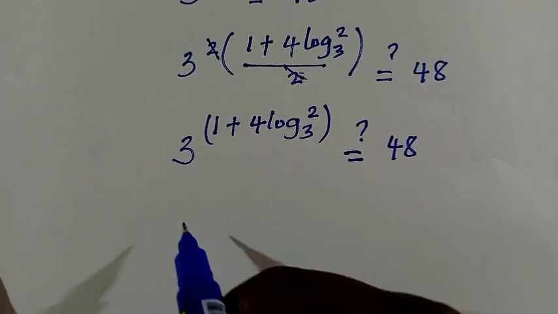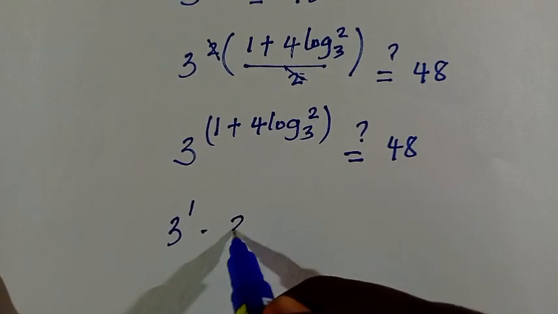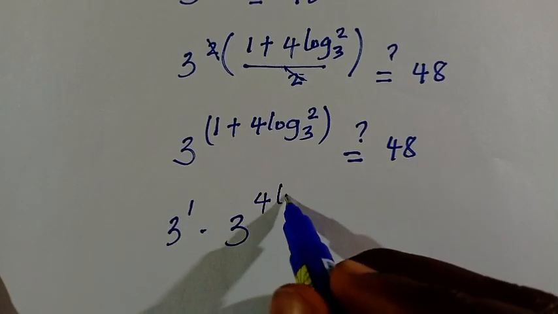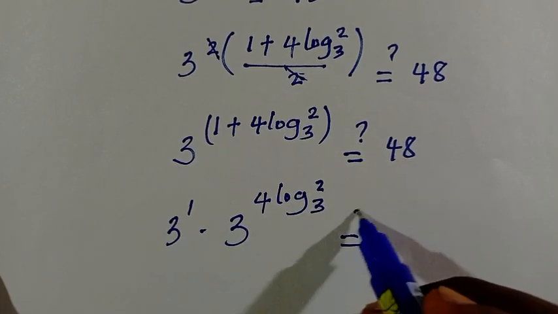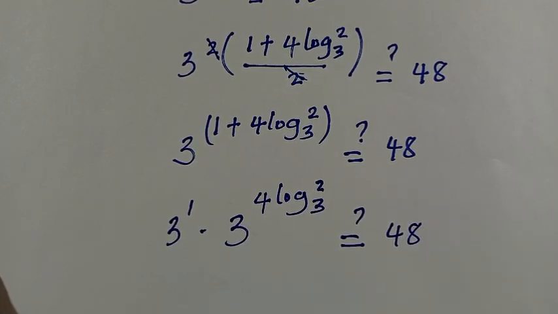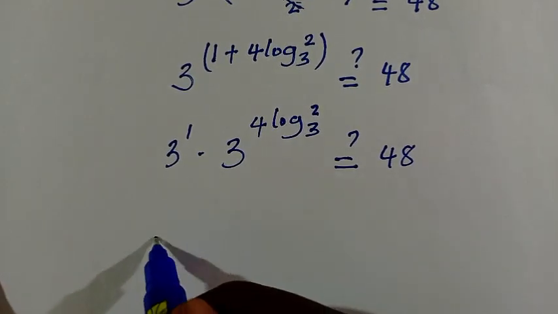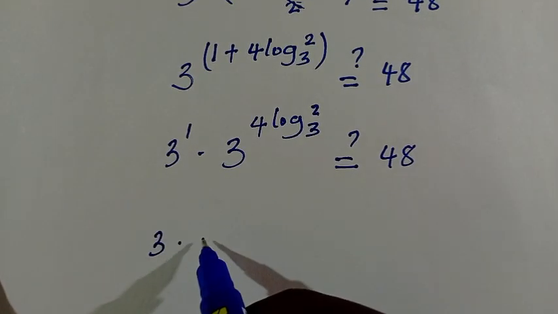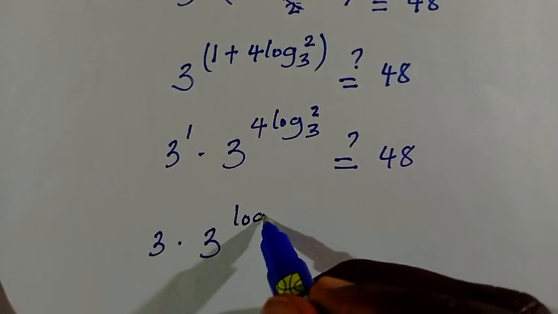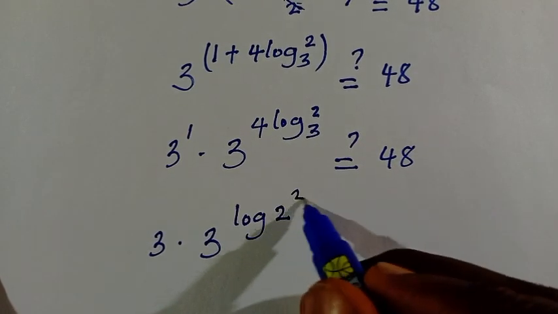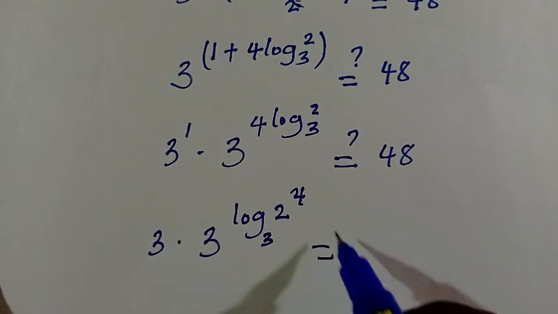By rule of exponent, you can write this as 3 raised to the power 1 multiplied by 3 raised to the power of 4 log 2 base 3. Is this equals 48? Then from here, 3 raised to the power 1, that is 3, multiplied by 3 raised to the power, we can take this 4 back as log 2 raised to the power 4 base 3.